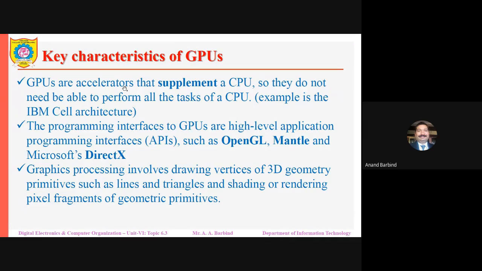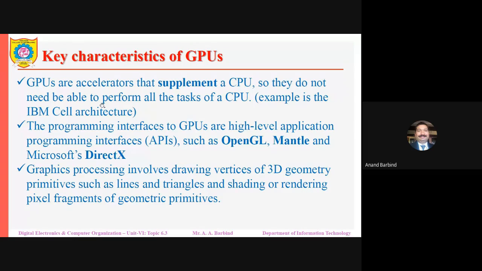If the CPU had been used for this particular graphics, then the speed at which the graphical screen changes would have been much less than what the GPU does. So the GPU is, you can say, a special processor. It is specialized only for performing graphical applications.